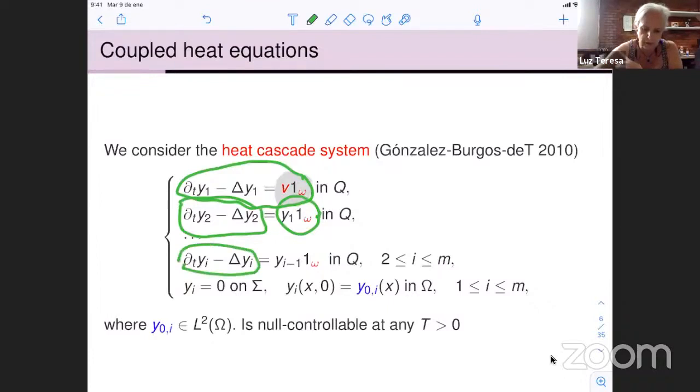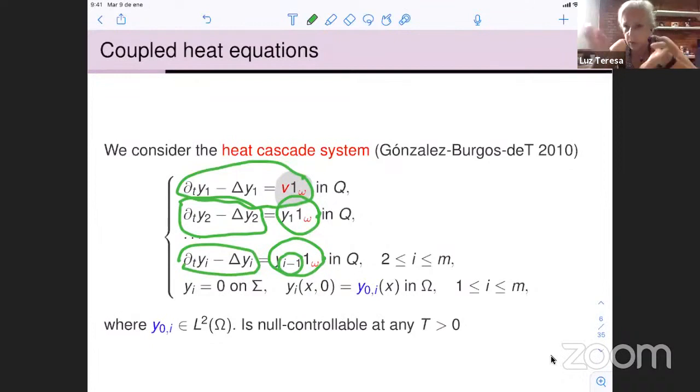So in the i-th equation, you have a coupling with the (i-1)-th equation. This is called a cascade system because it goes down like that.